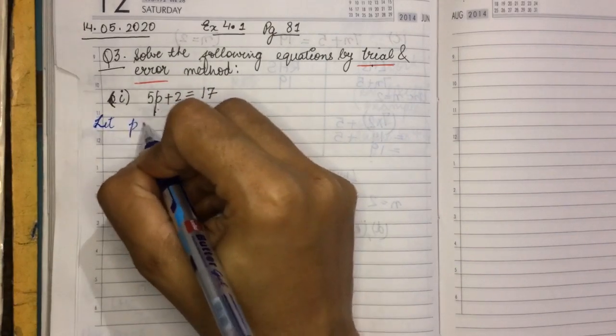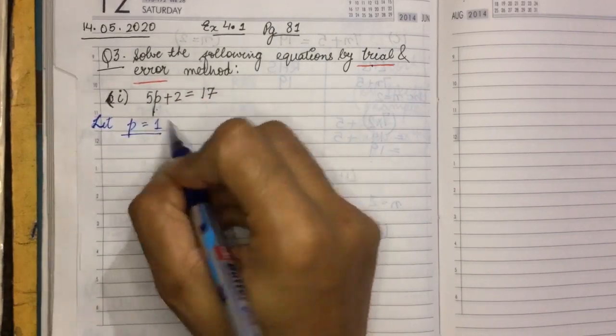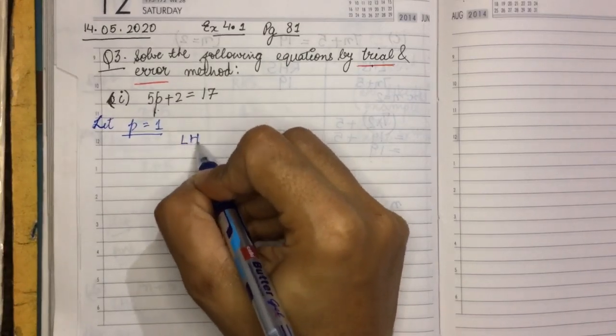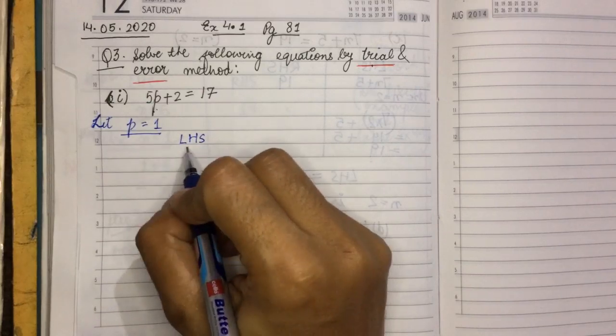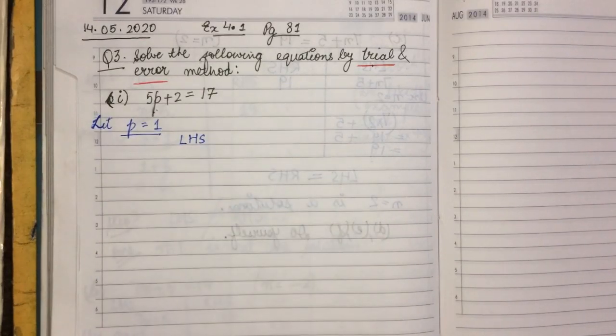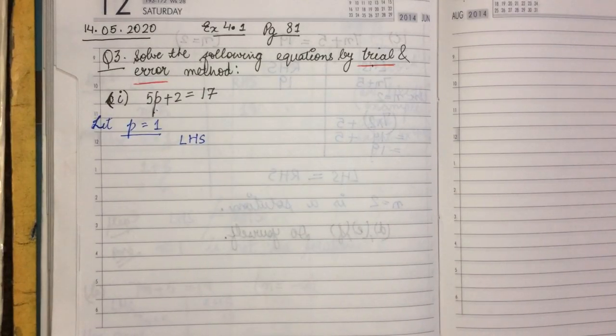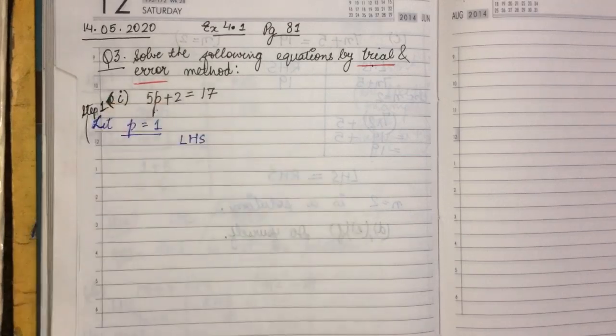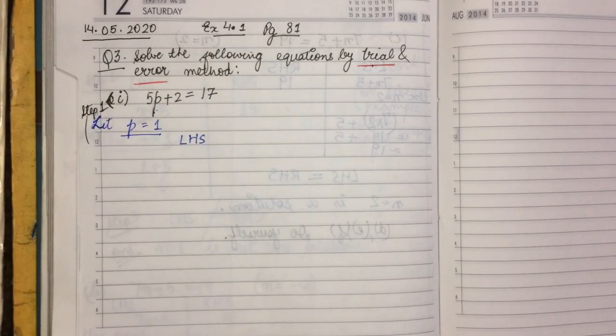So let p equal 1. You could try any number. So this is step number 1, where you assume or guess an answer for p.